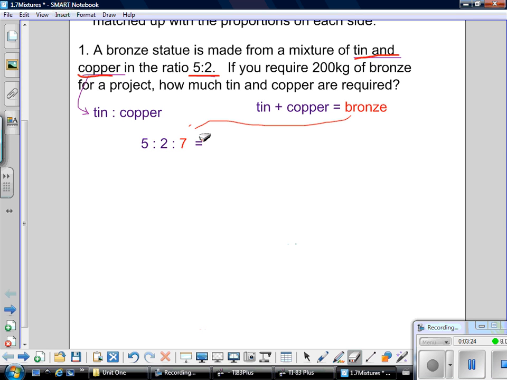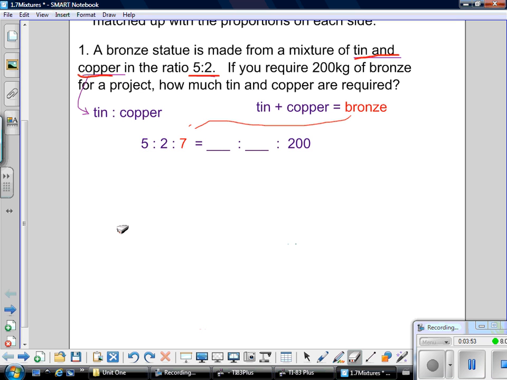Now the question asks, how much tin and how much copper do I need if I want to have 200 kilograms of bronze? This one's a little different in the sense that they didn't give us the 7. We had to calculate it.